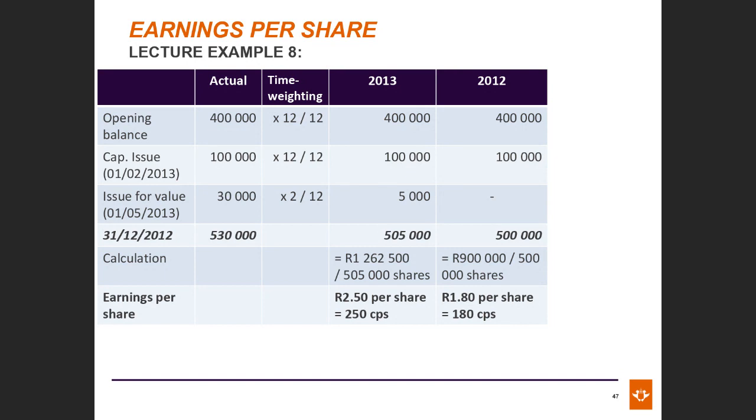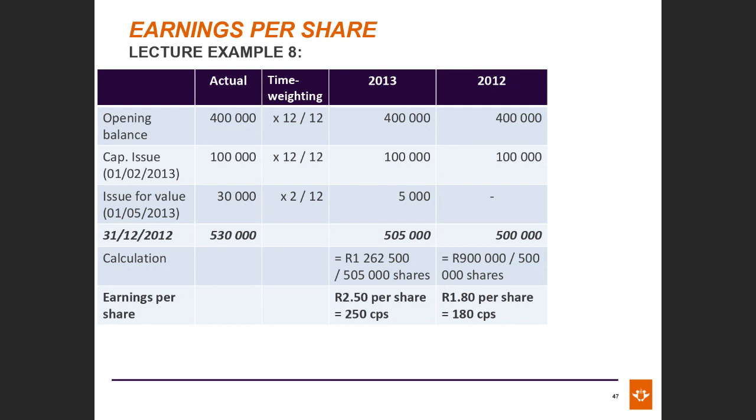So here they told us that the capitalization issue resulted in an additional 100,000 shares to its existing Class A shareholders. So they've given us the amount of 100,000 new shares, whereas in the previous example, where we had a share split, we had to calculate the number of shares for that share split.